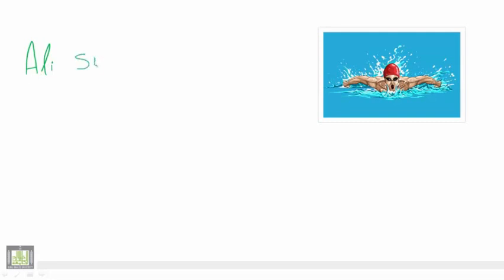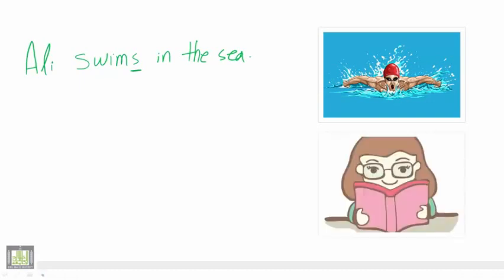Ali swims. Notice the subject verb agreement. Swims in the sea. And this is the complement of the sentence. Another example, we have here a female person.